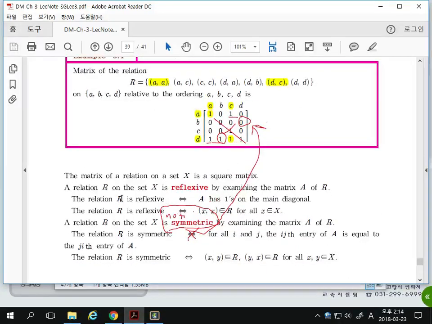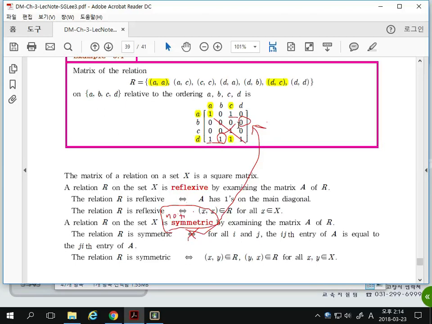As you see here, it is not reflexive, because there is no BB. And it is not symmetric, because DB has a 1 here, but BD has no 1 here.